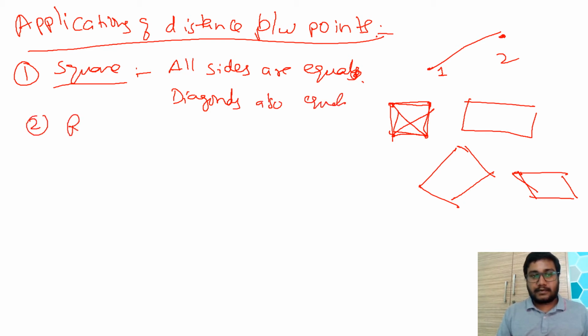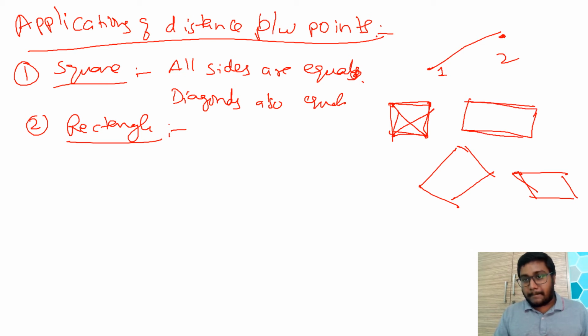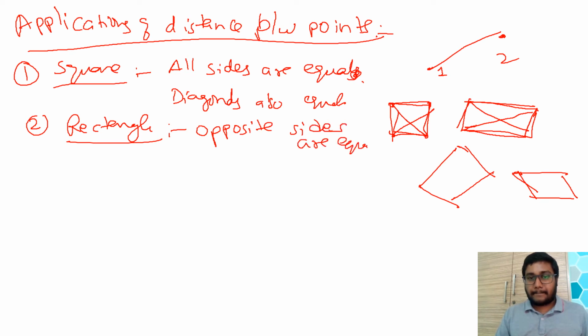For a rectangle, the opposite sides will be equal, and the diagonals will be equal. This means we'll be finding the distances between these points using the coordinates that are given to the points. Opposite sides are equal, and diagonals are equal.